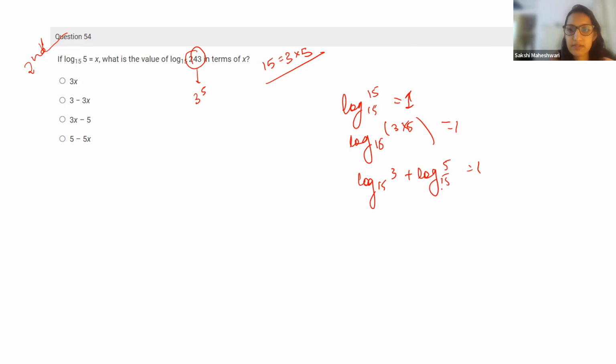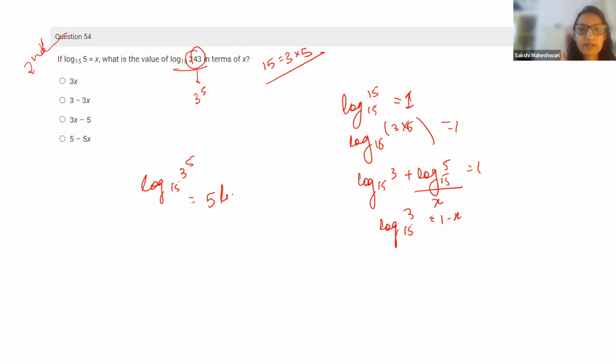Now log 15 of 5 is already mentioned as x. So log 15 of 3 becomes 1 minus x. Now, we already saw this is log 15 of 3 to the power 5, so this will become 5 log 15 of 3. And we already have this value from here: 5 times (1 minus x).